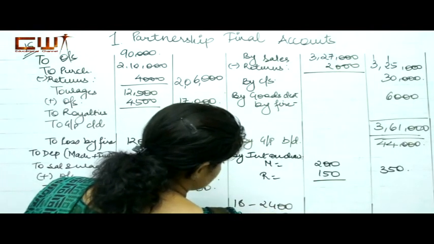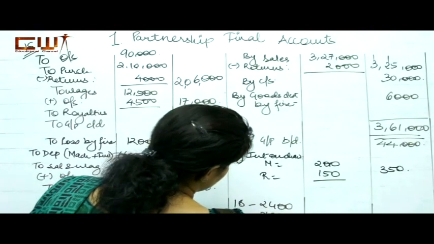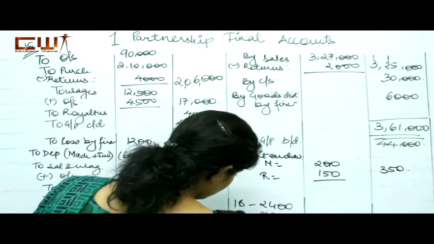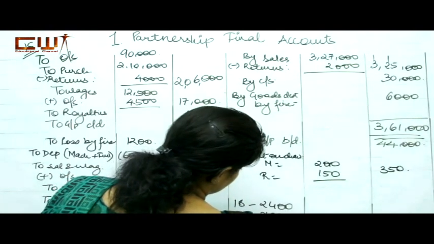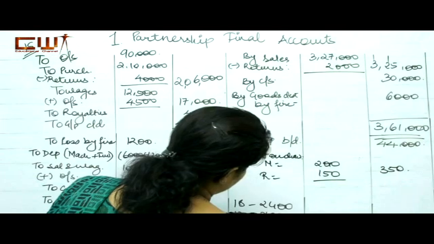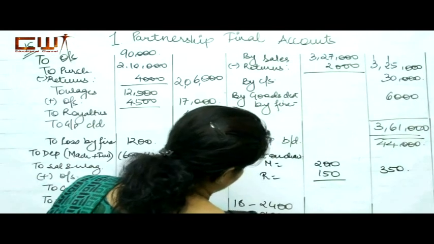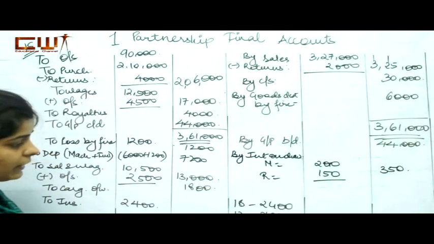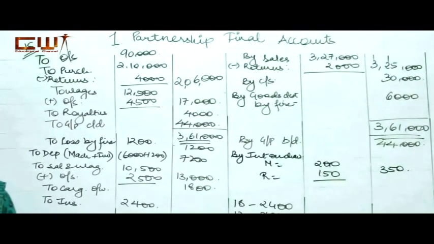For 12 months it would be 2,400 divided by 18 multiplied by 12, so that is 1,600.